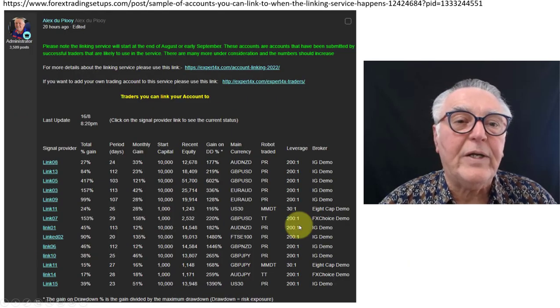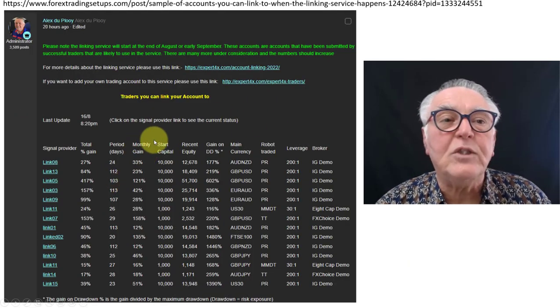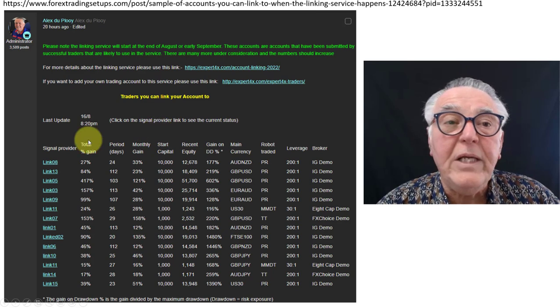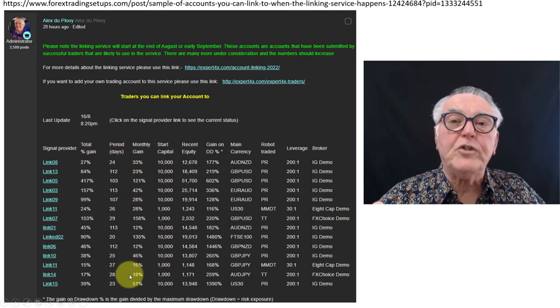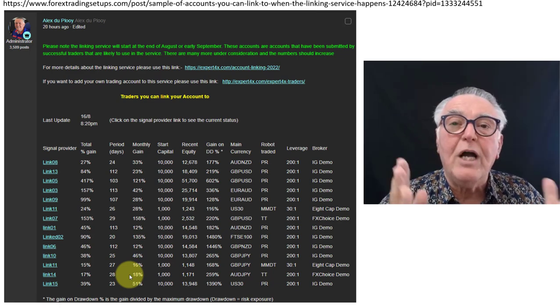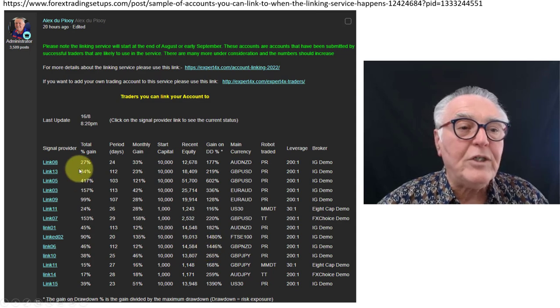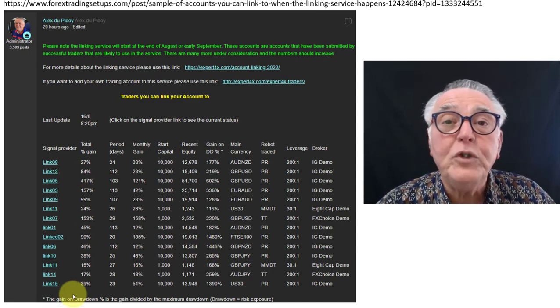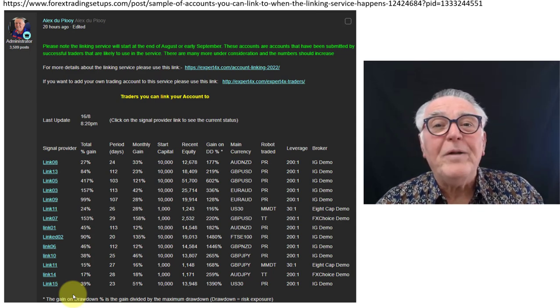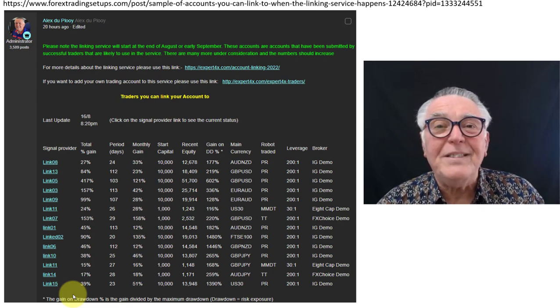Now let's look at these results again, and that's one of the reasons why we provide those key ratios. So the monthly gain takes all of the strategies and puts it onto a common level that's easy to assess. You can't just look at the total gain and say, oh, I want to trade for that one. That one might have been trading for 2 years, whereas there might be a better one over a 6-month period.